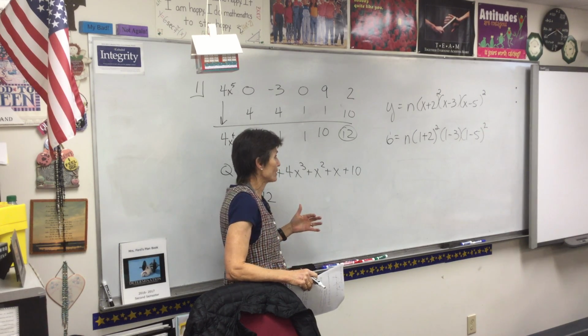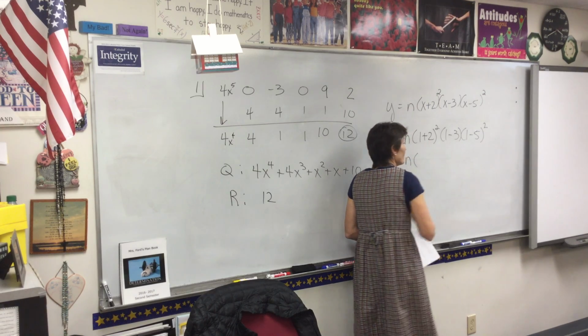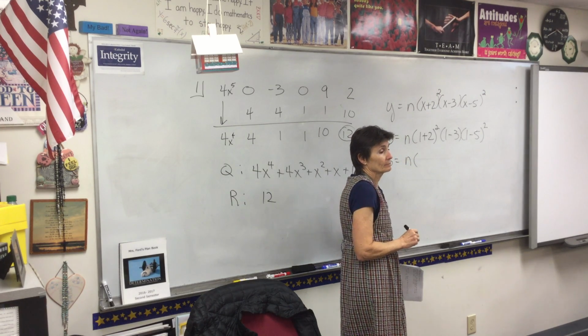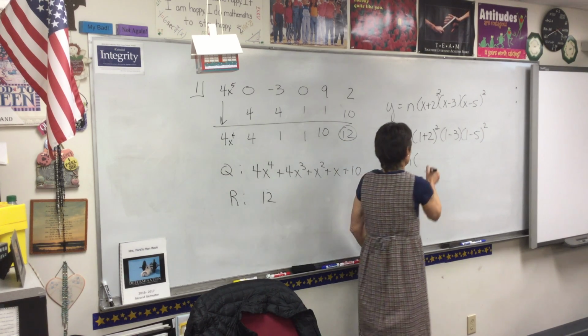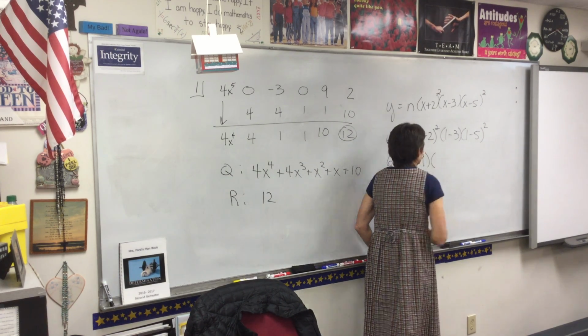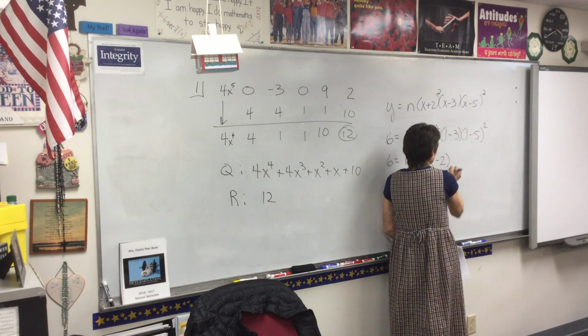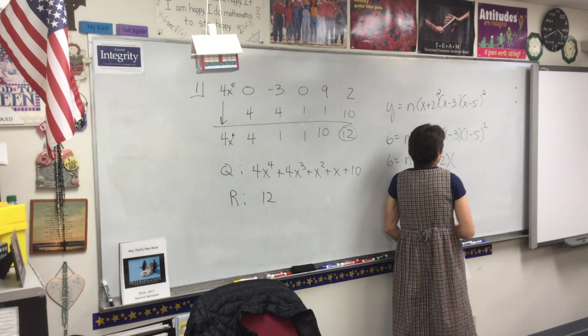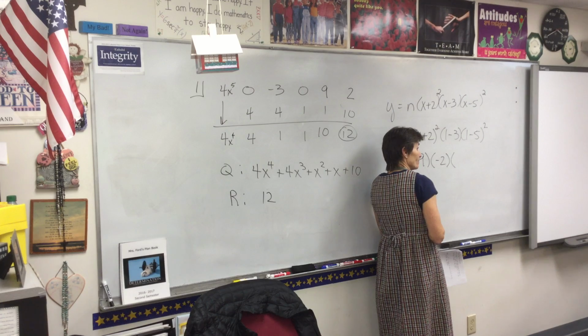This is not hard. 1 plus 2 is 3, squared is 9. 1 minus 3 is just -2. 1 minus 5 is -4.